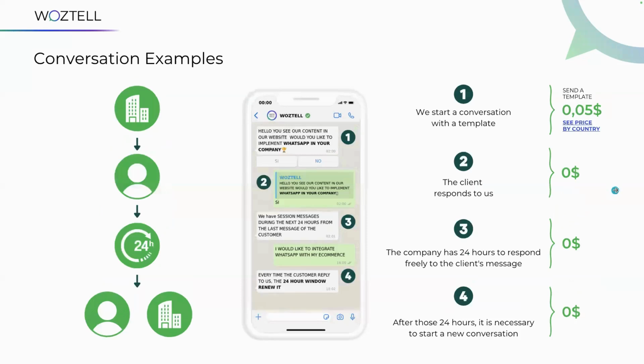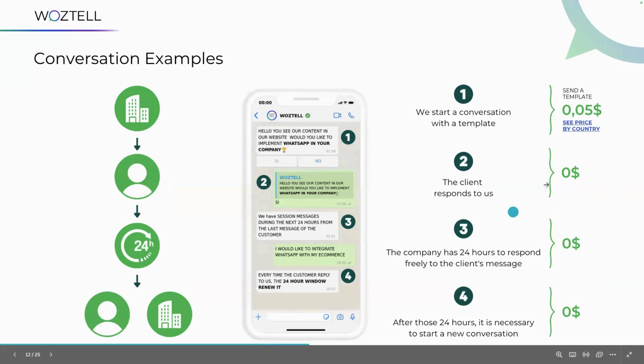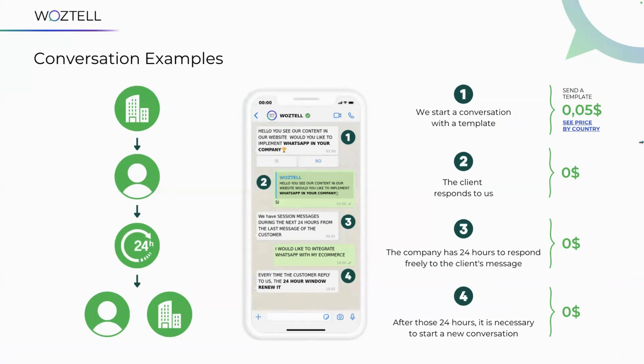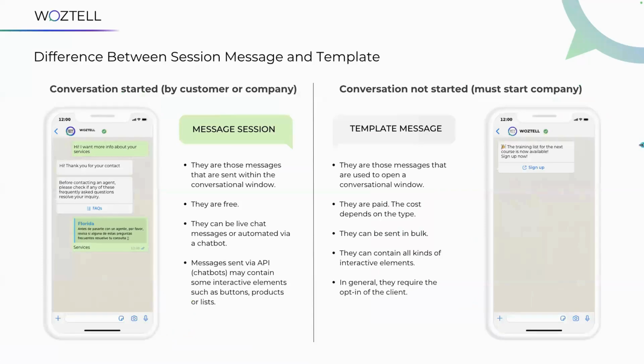So when the company initiates a conversation with a template message, it is immediately charged for the 24 hours. The client replies, and the company has 24 hours to reply. After those 24 hours, if they want to start a new conversation, it will be charged again.